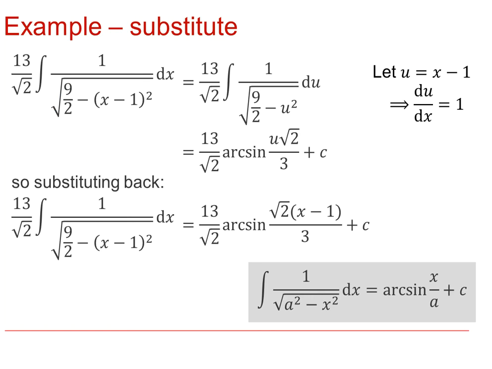If I did use the substitution, then you can see that it would just become minus u squared there and have the u there, and then I would just substitute back, but I would get the same answer.